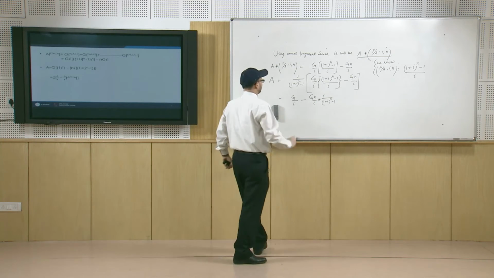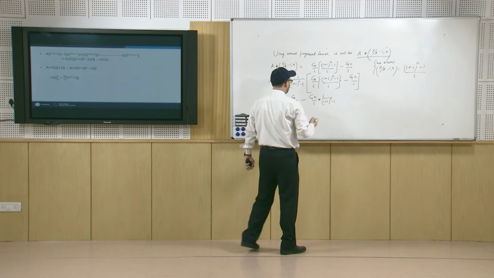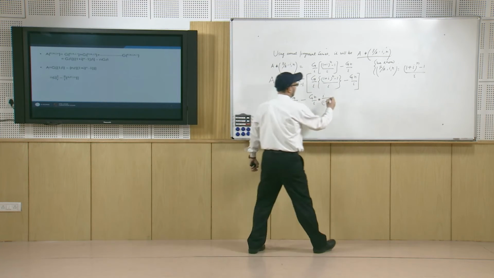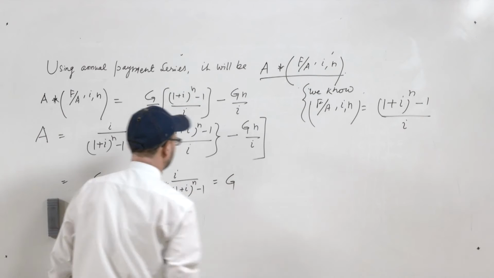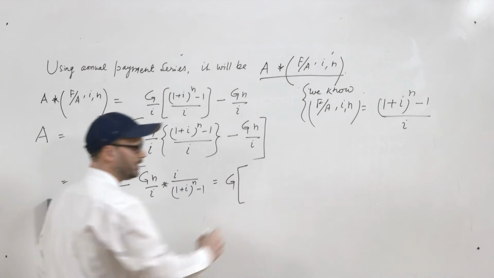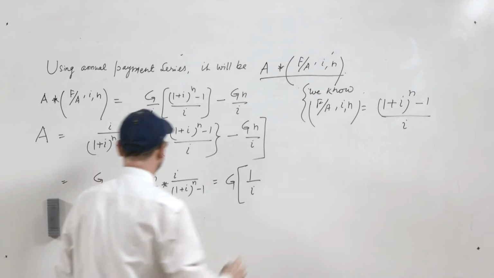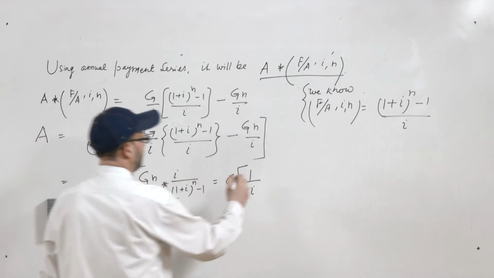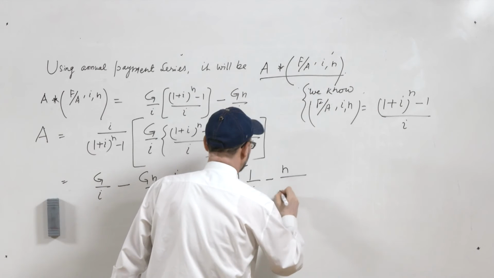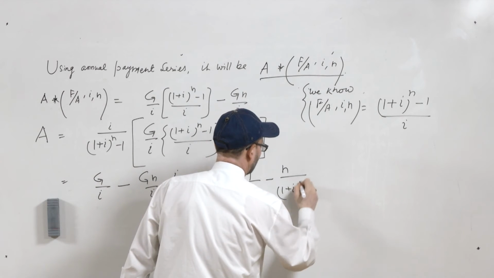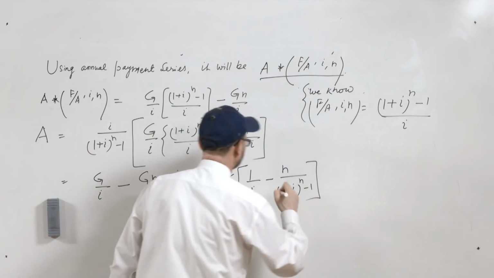So, the expression is, you can write this as g multiplied by 1 by i minus n by 1 plus i raised to the power n minus 1.